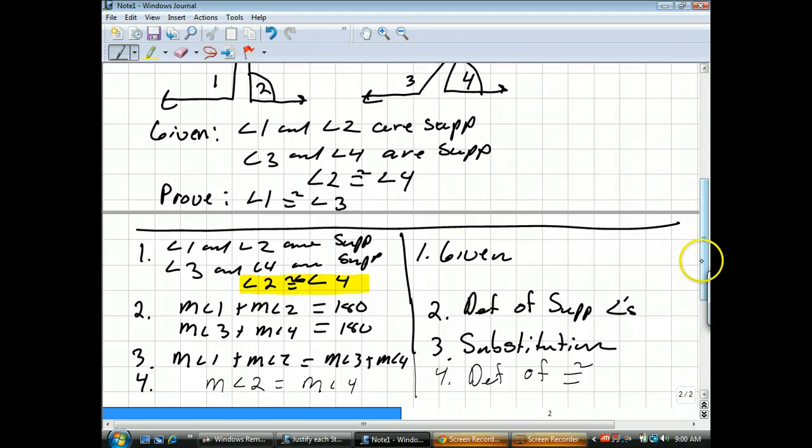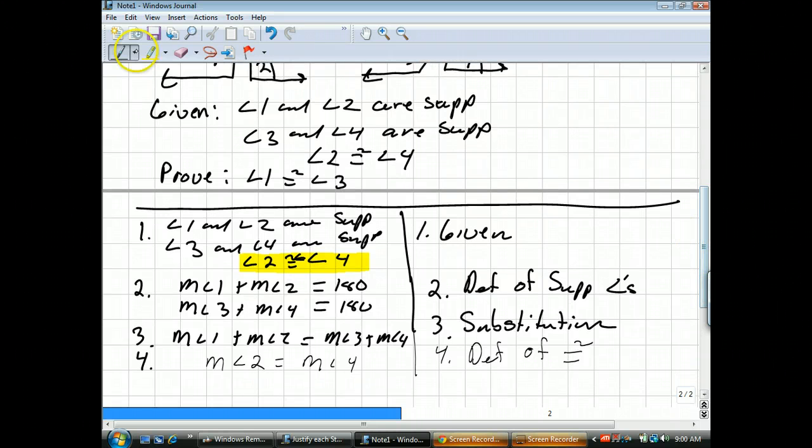And now we can subtract angle 2 from this side and angle 4 from this side. So that leaves us measure of angle 1 equals measure of angle 3. And that was by subtraction property.